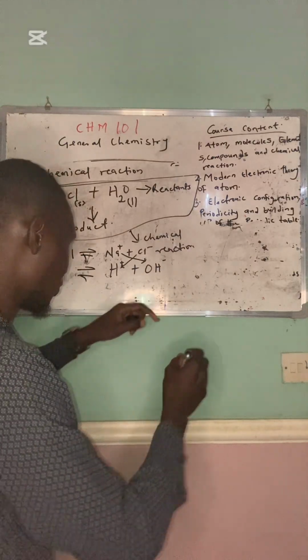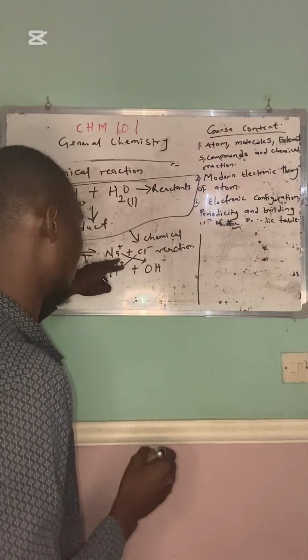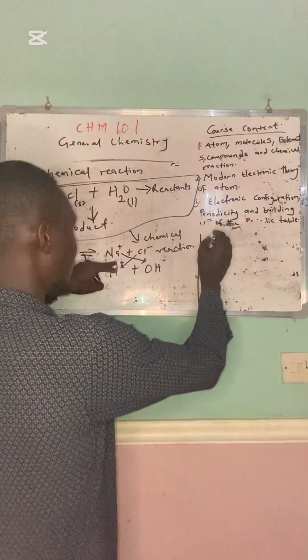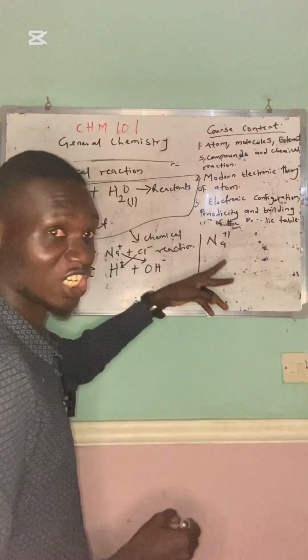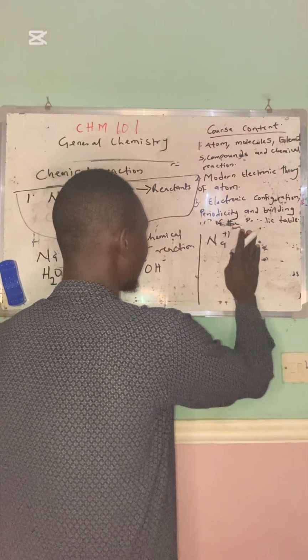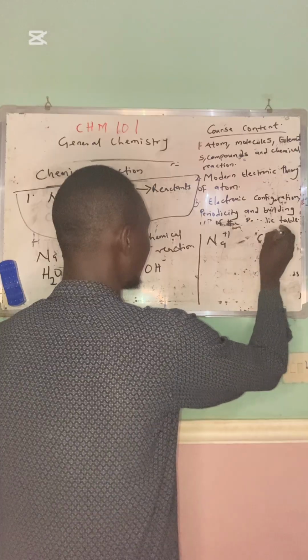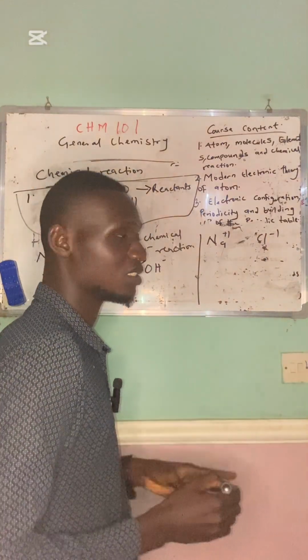So, looking at this, I want to write this out as a chemical formula. This is plus one charge, which is Cl minus 1, which is the valence also.